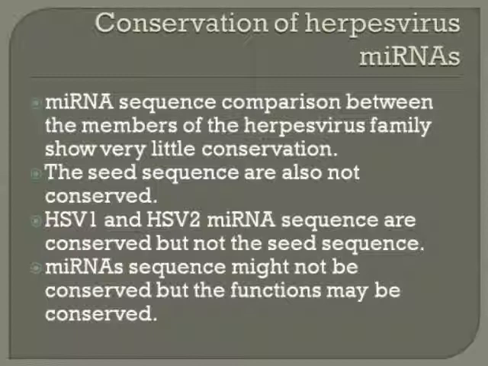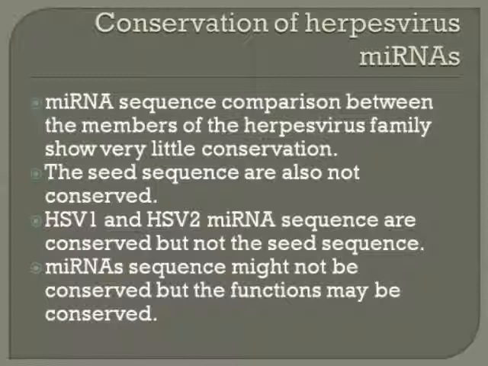In HSV1 and HSV2, the microRNAs have a very high sequence homology of 85%, but the seed sequences are not conserved. Seed sequences are usually present at the 5' end of the microRNA, and they are 7 nucleotides long, starting from the 2nd nucleotide to the 8th nucleotide. For successful mRNA downregulation, the seed sequence complementarity is required.